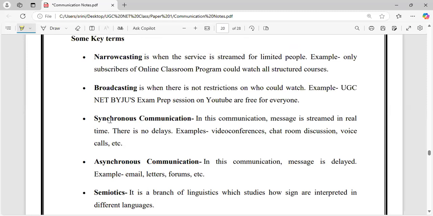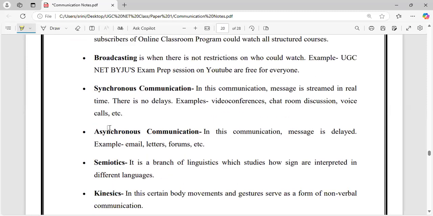Yes, message is delayed means, for example, I got this email about the FDP, Faculty Development Program, at the principal office, at 2:20 p.m. I got this email at 2:20 p.m. I opened this email after 4 p.m. So it is not synchronous.